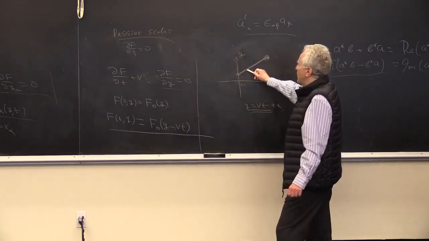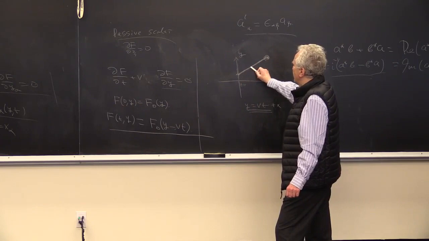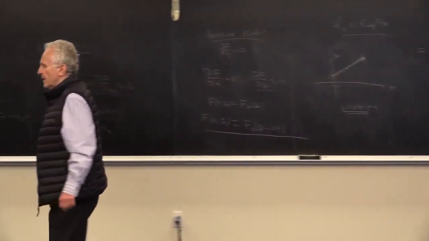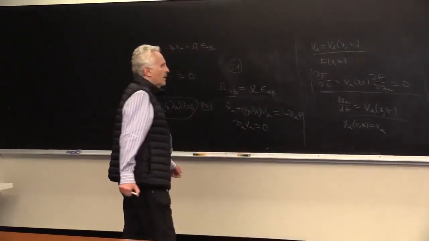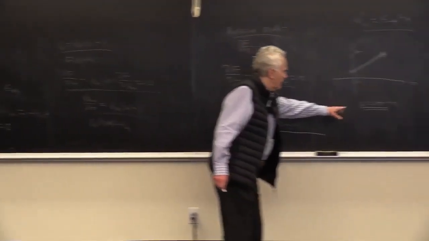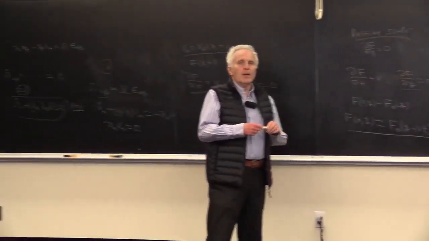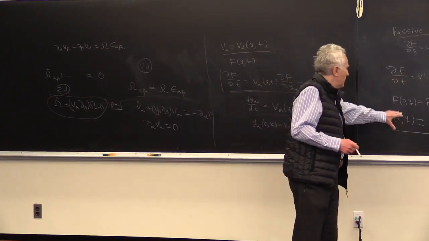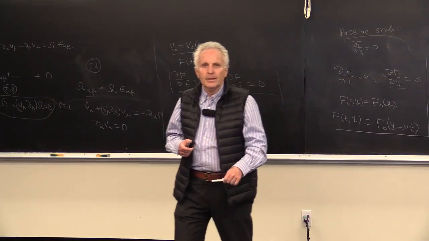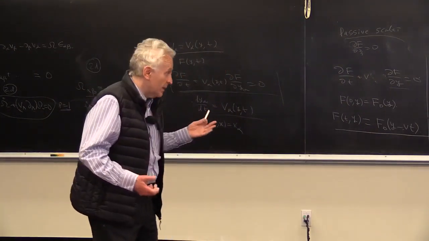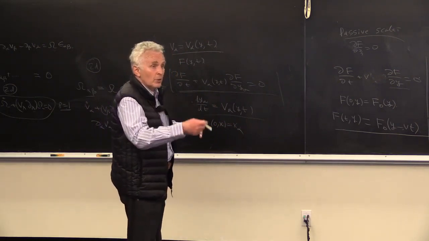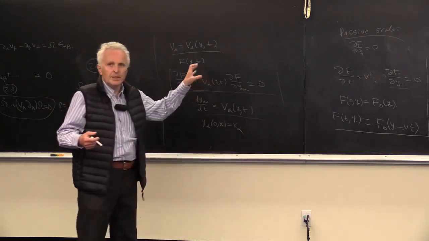What can you say about the value of function f as you move along the characteristics? Let's take the solution and see how it changes along the characteristics. It's constant, exactly. Now this is the general statement, and that's the way you solve this partial differential equation.